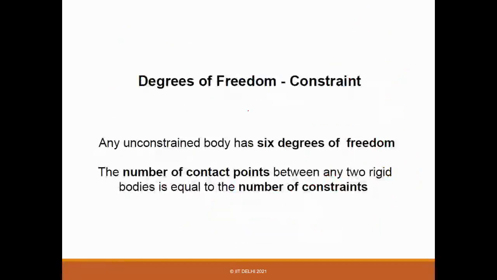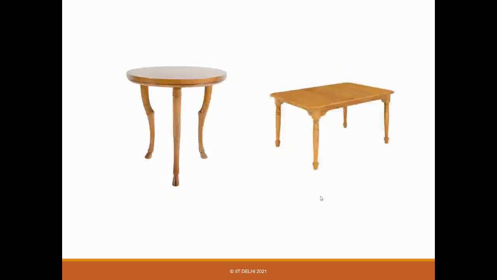So we keep emphasizing one rigid body, 6 degrees of freedom. The number of contact points between the two rigid bodies is equal to the number of constraints. So I think I showed you this example earlier, and maybe in terms of stability, precision, or deterministic design, you may realize now, okay, three-legged is better, right?